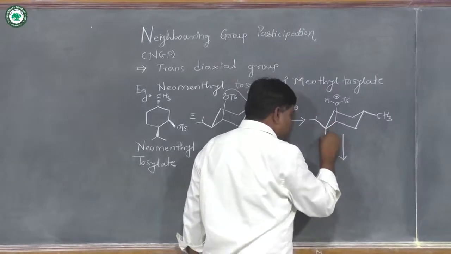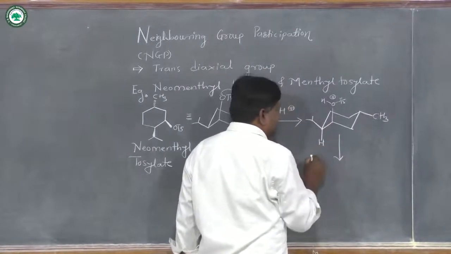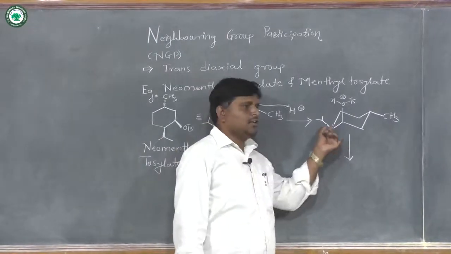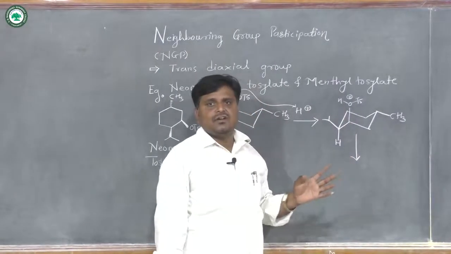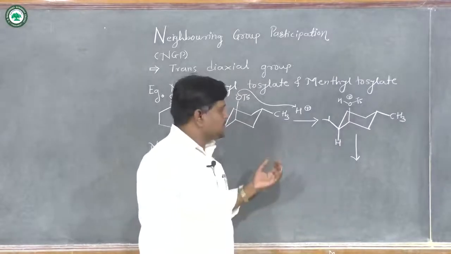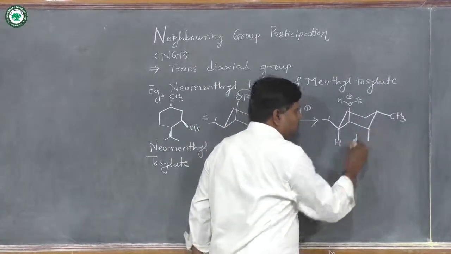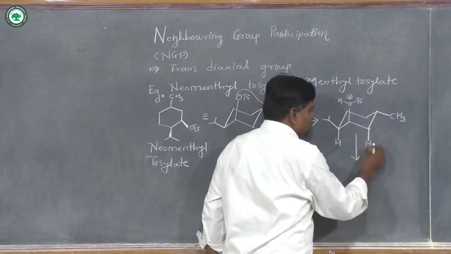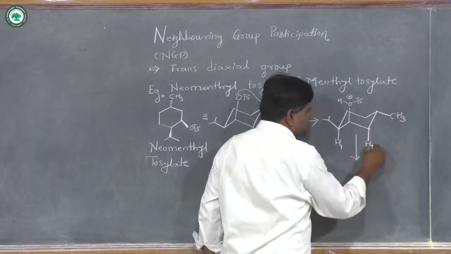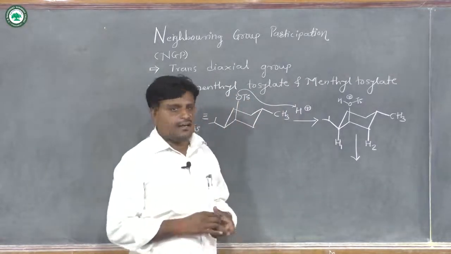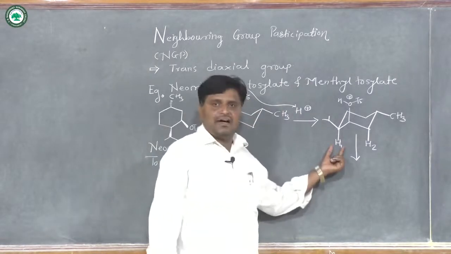So this hydrogen atom easily participates in this reaction. Why did we choose that hydrogen? Another hydrogen is also present. Suppose this is H1 and this is H2. Two hydrogens are there, but we can choose only one.